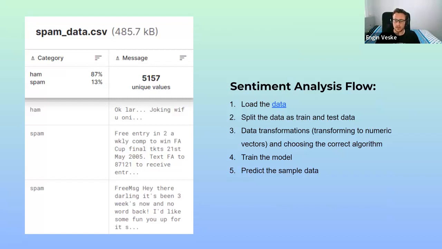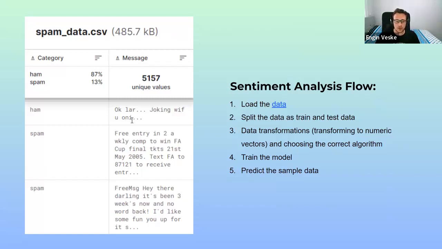And after we split the data into training and testing data, for the third step, we can make some data transformations. We need to create a data pipeline. Because as you can see, messages are text-based, and machine learning algorithms and models work best with numeric values. There are some mathematical operations running behind the scenes.